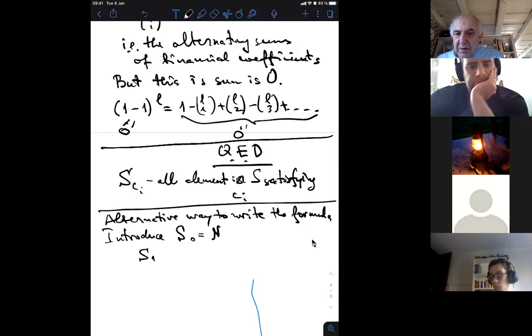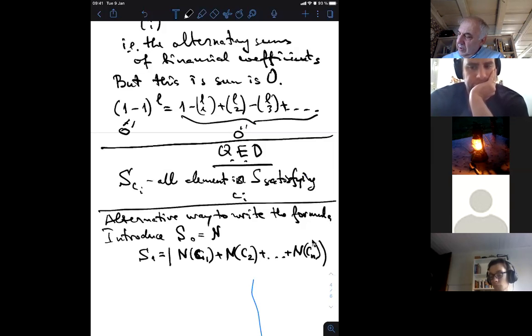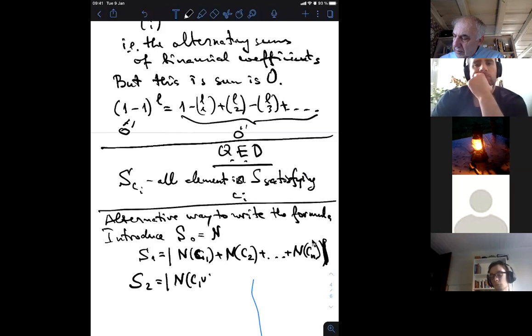S1 would be the sum of the sizes of all sets satisfying just a single condition. Now S2 would be the sum of the sizes of the sets which satisfy two conditions.